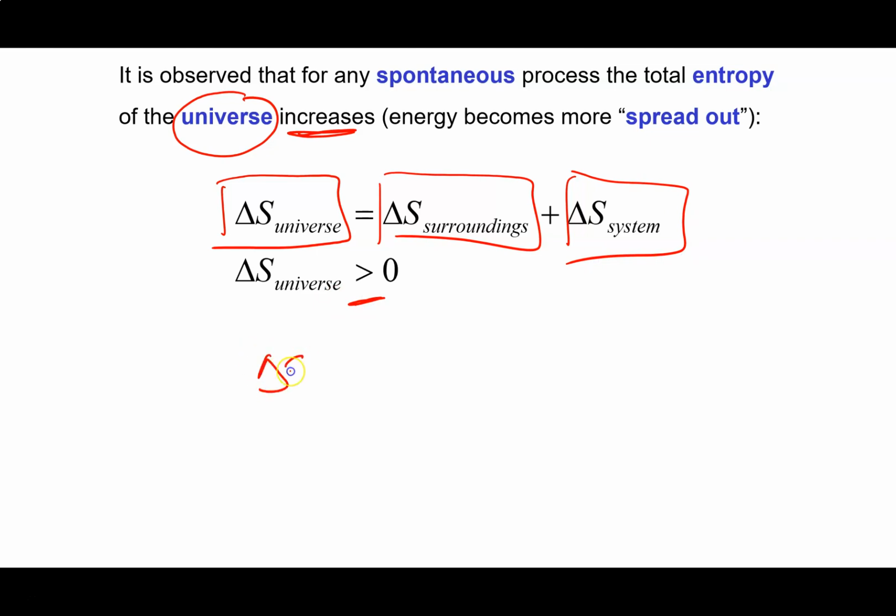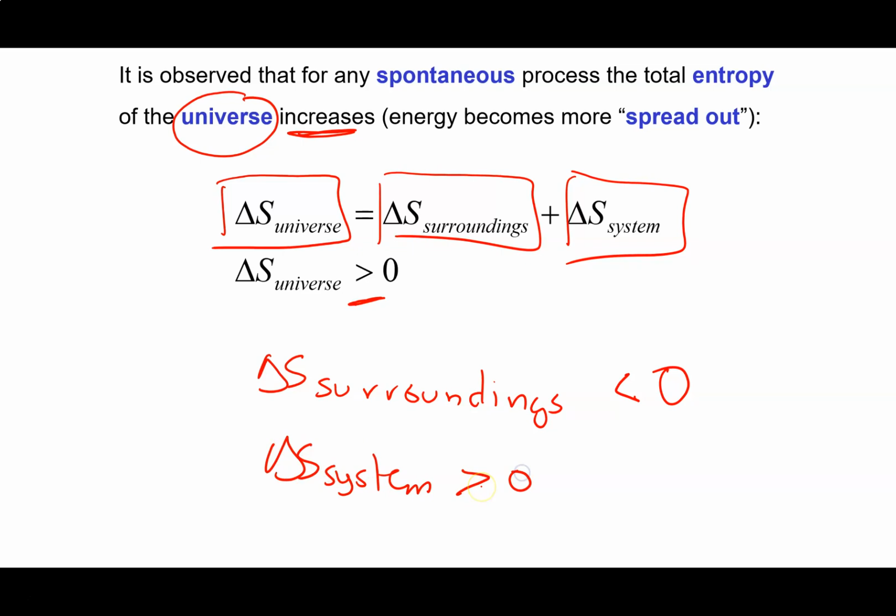So what that means is, if the change in entropy of our surroundings is negative, then the change in entropy of our system must be positive, and it must be sufficiently positive so that when we add those two things together, overall we get a positive number.